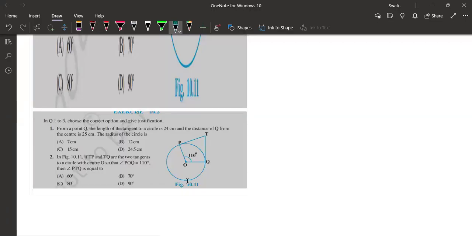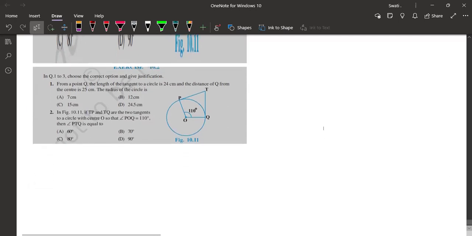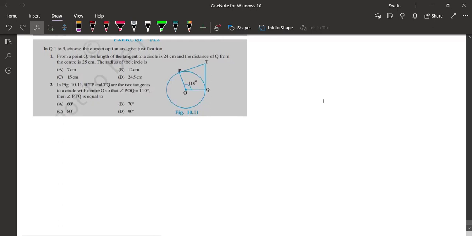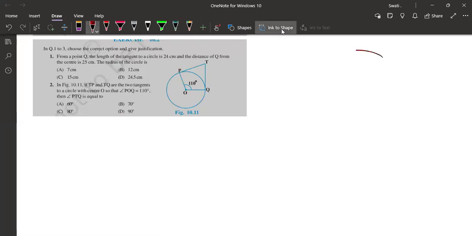So from a point Q, the length of the tangent, they're talking about the length of the tangent from point Q. So don't you think that first we should be drawing a circle, Manya? Yes, we will first draw a circle. Also, you can notice that the diagram given on the screen is not for question number one, but for question number two. So don't get confused. So from a point Q, let me draw a circle first.